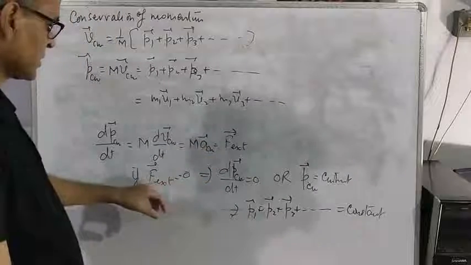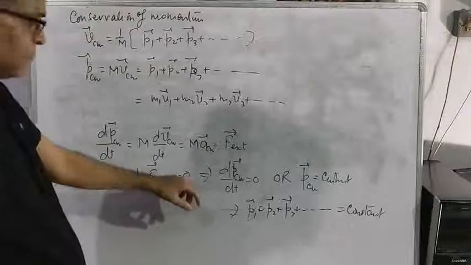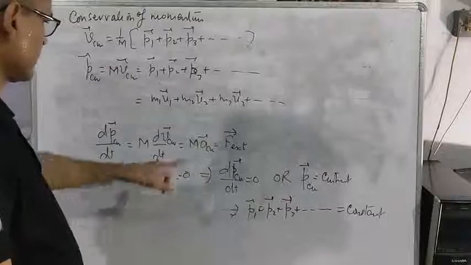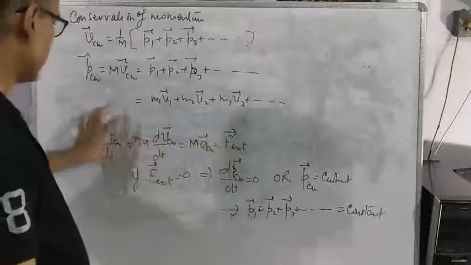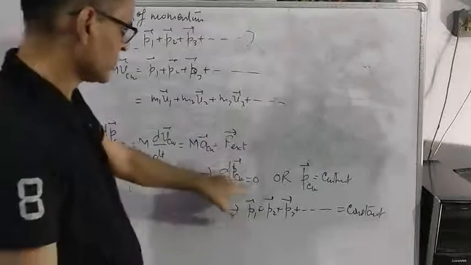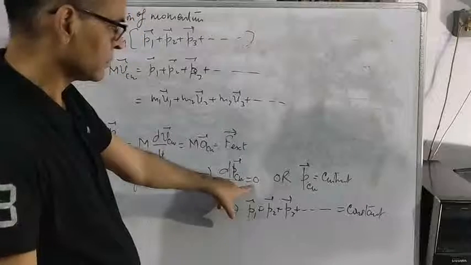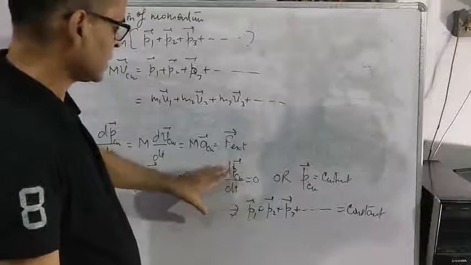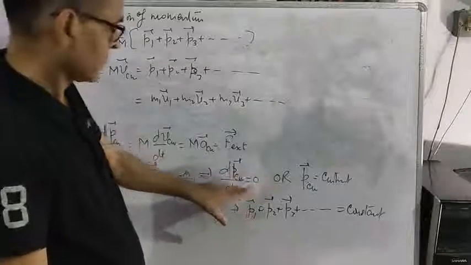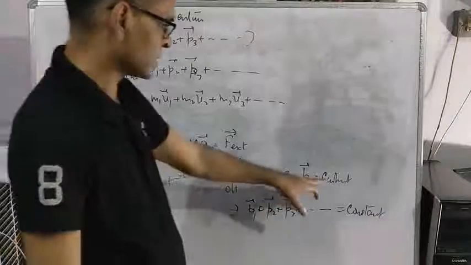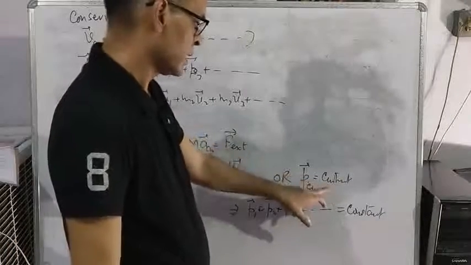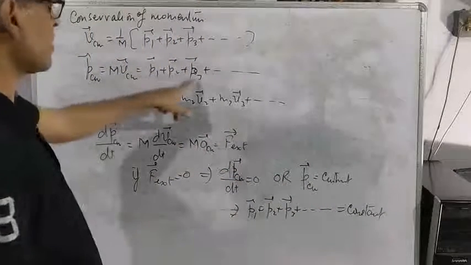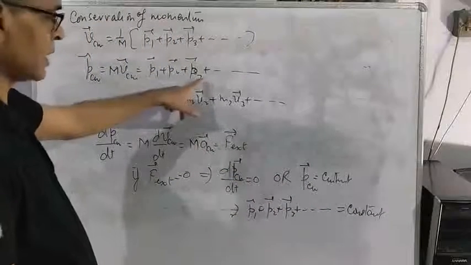If no external force is acting on the body, so F external is equal to 0. Therefore this value is also 0. And I have just told that differentiation of a constant is 0. So PCM is constant. And PCM is the sum of momenta of all the particles of the body.